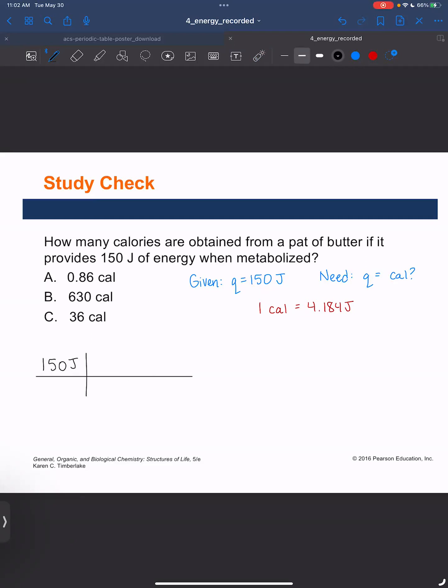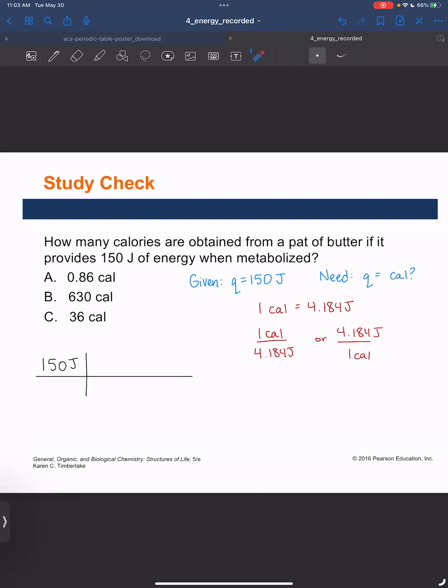And remember, the point of dimensional analysis is to cancel out units. And so it may be helpful to write the equality into the 2 conversion factors, and then you can choose which conversion factor will help you solve the problem.